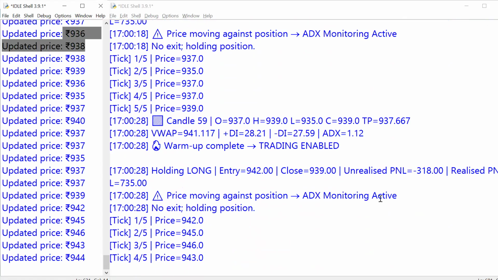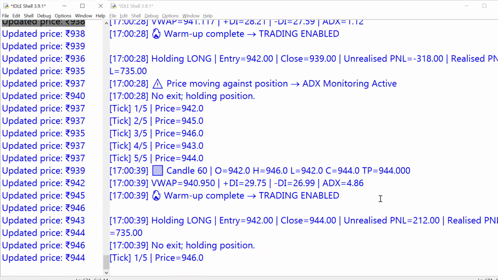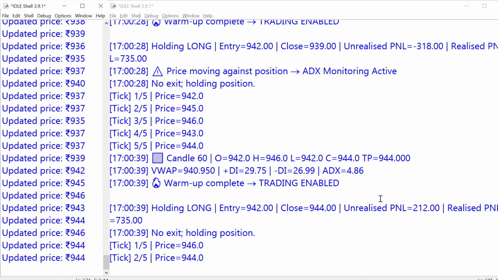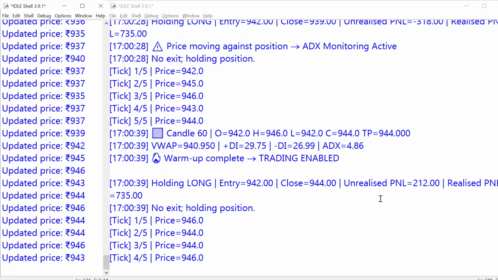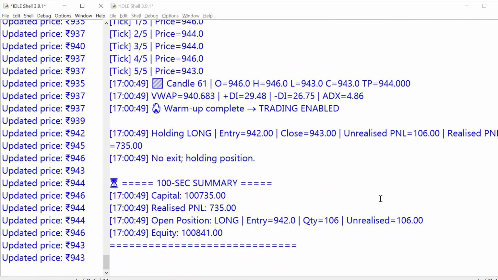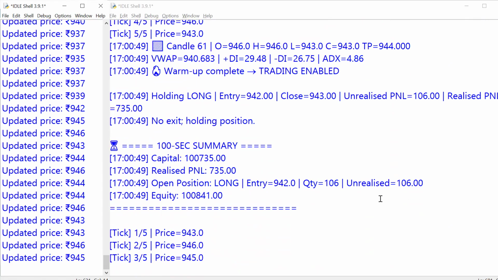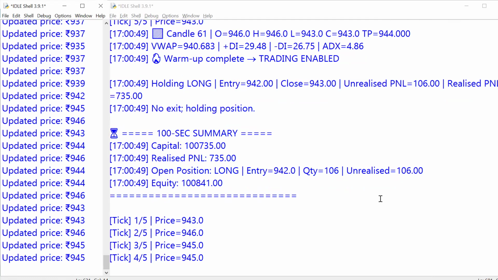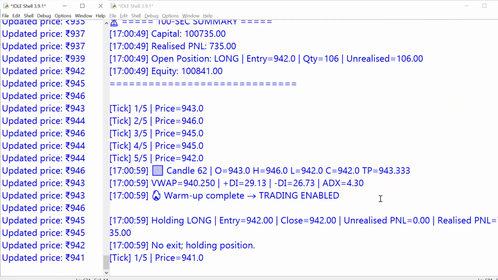Okay, we enter into the positive side. Now ADX is not monitoring. We enter into the positive trade again. Great. We are still holding a long position. The entry is 942.